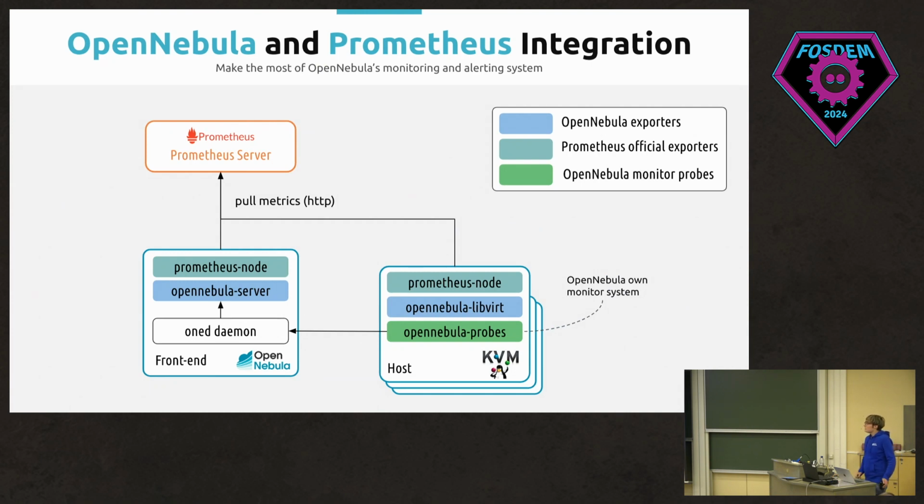The next section of One AIOps is the integration of OpenNebula with Prometheus. That integration is based on the Prometheus exporters, like the Prometheus Node Exporter that is installed in every OpenNebula server.